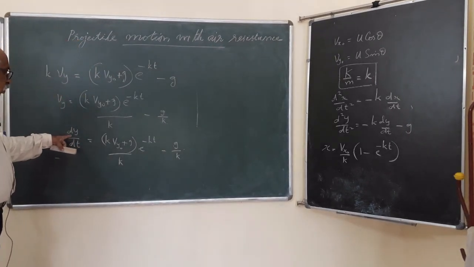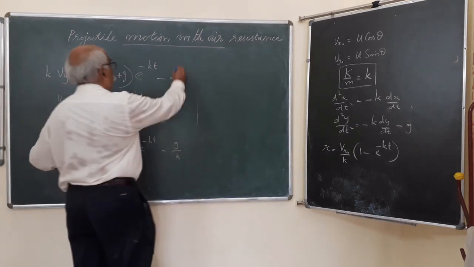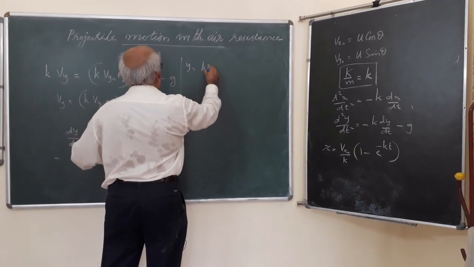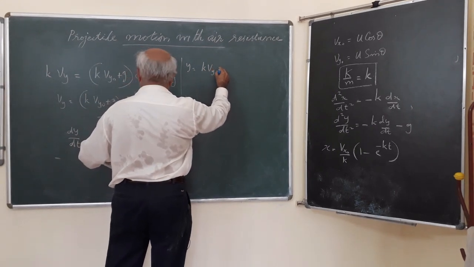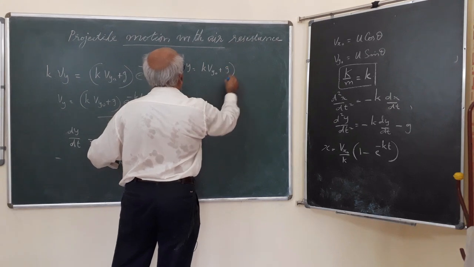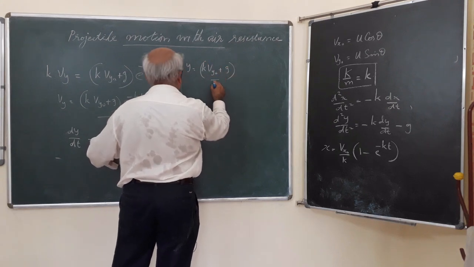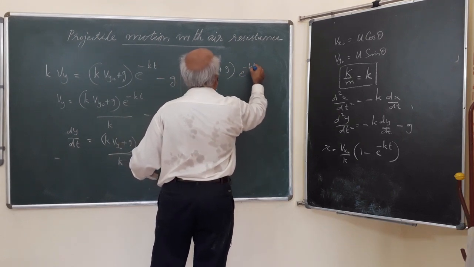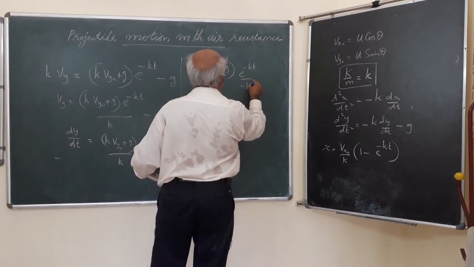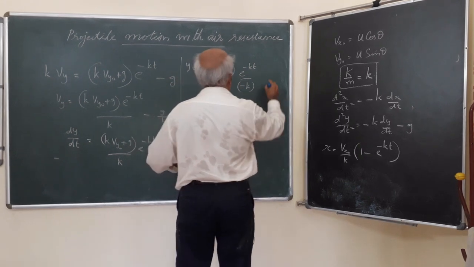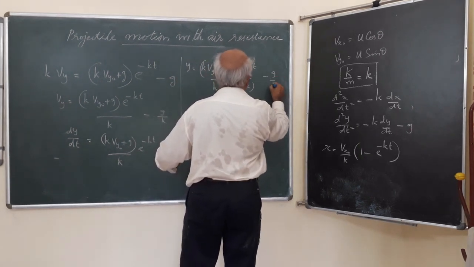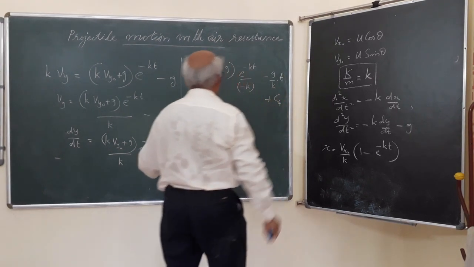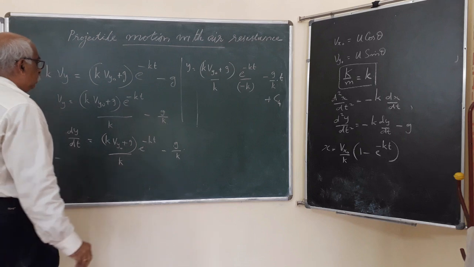Integrating, y is equal to kVy0 plus g divided by k times e raised to minus kt by minus k, minus g by k times t plus C4, another constant of integration.